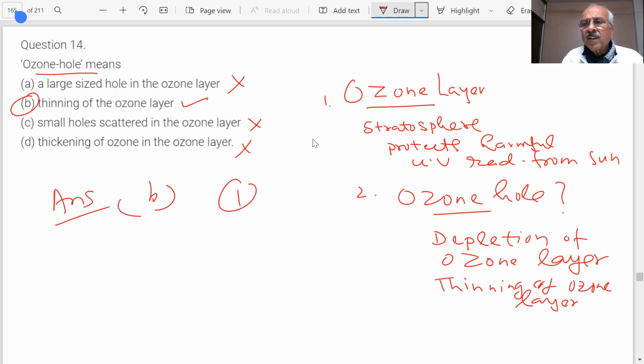Now, what is the reason for this? Why is it happening? Very important questions are coming on these, students. What emissions are taking place? Emissions from jets, ACs, refrigerants.